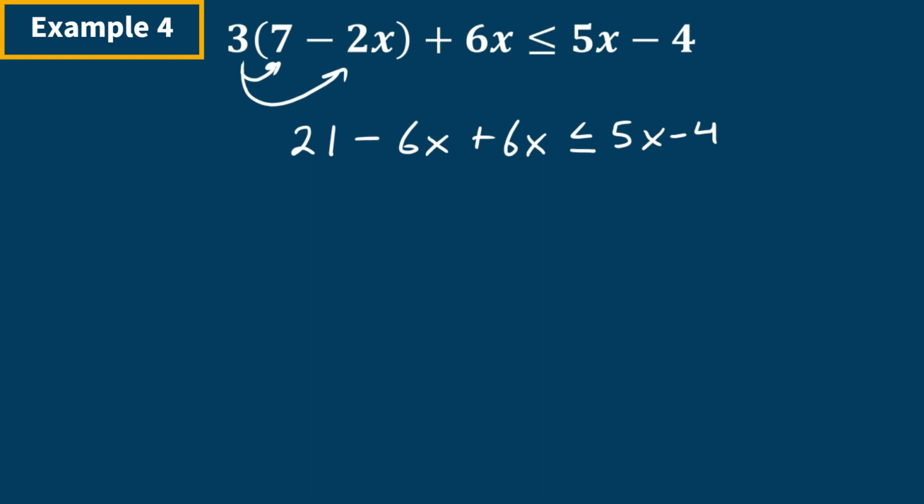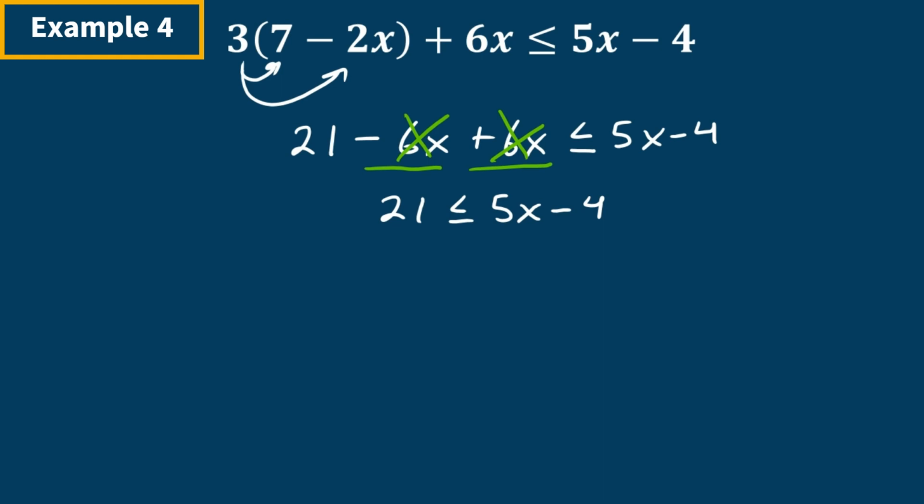Now let's go ahead and combine like terms. We see that on the left hand side we have -6x and we have +6x. So these, when we add them together, they're actually just going to cancel. What we'll have left over is 21 is less than or equal to 5x minus 4.